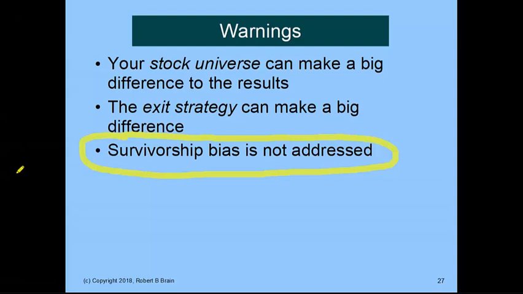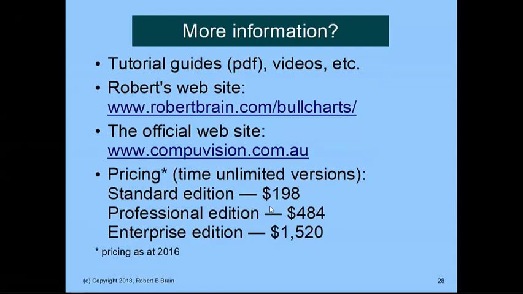So survivorship is an issue. Now, for anyone who doesn't understand what we're saying about survivorship, you can Google it and have a look at it later, or towards the end of tonight's session we can have a quick chat about it as well. But survivorship can be an issue. For many people, they simply accept that it's a problem, and many people say it's not a big problem and move on and keep doing the testing.